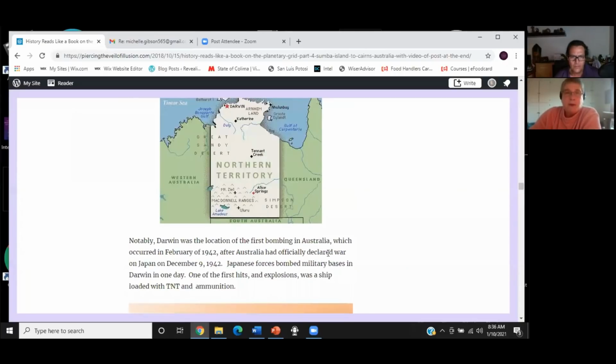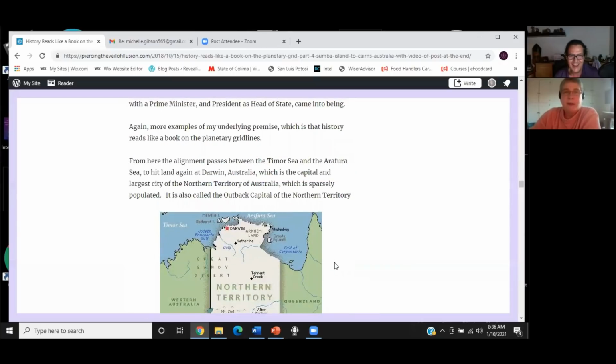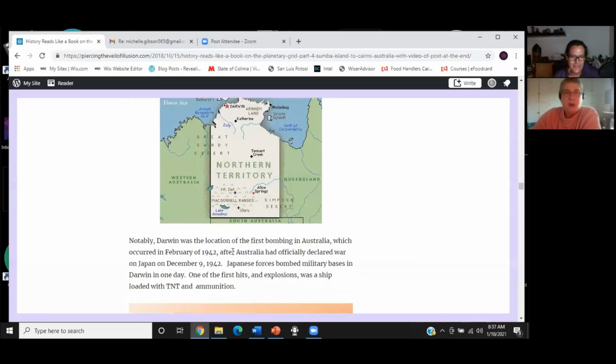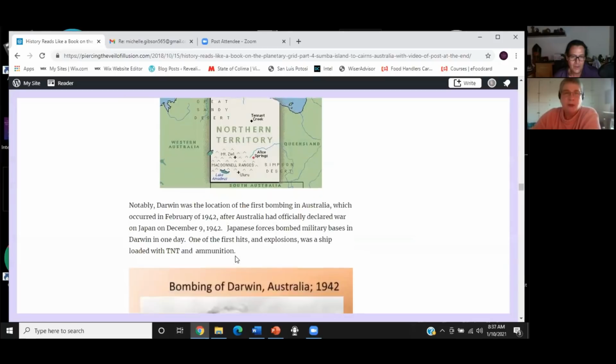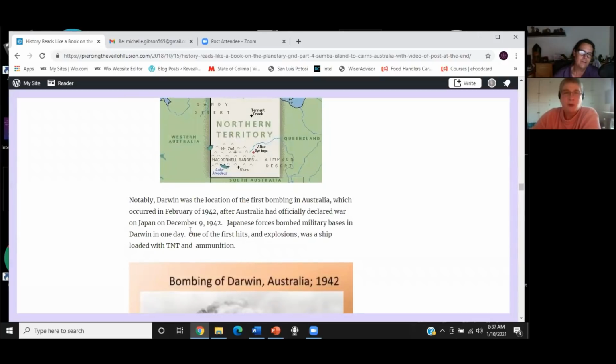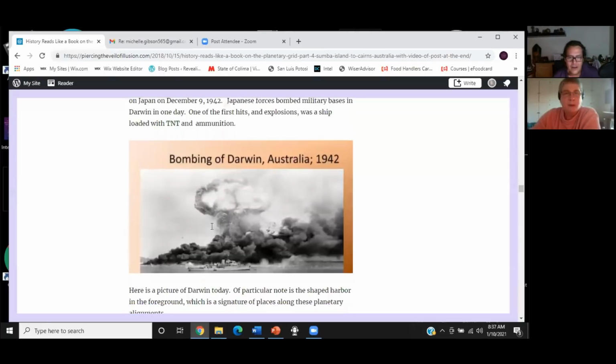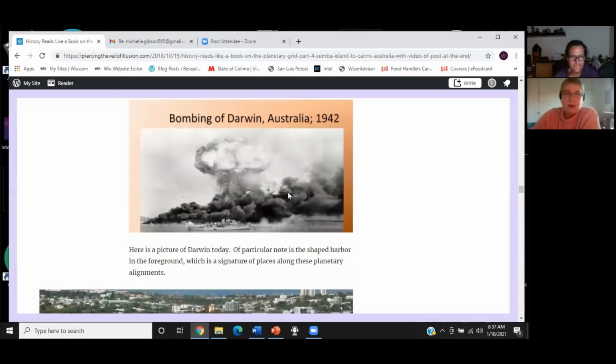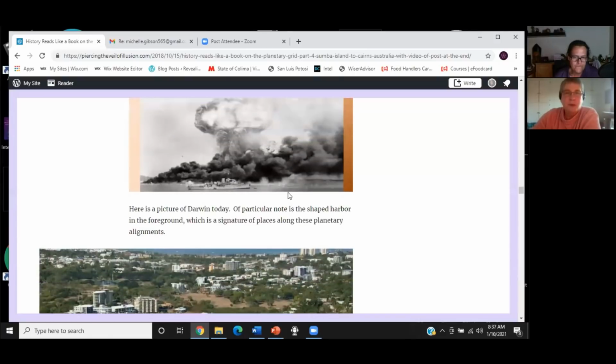So Darwin, interestingly, and again, I find stuff like this, was the location of the first bombing in Australia in February of 1942, after Australia had declared war on Japan. Oh, wait a minute. Is that right? I might have the wrong, I don't know. Whatever, it was bombed in 1942. Okay.